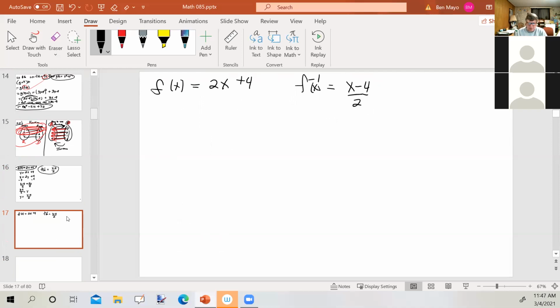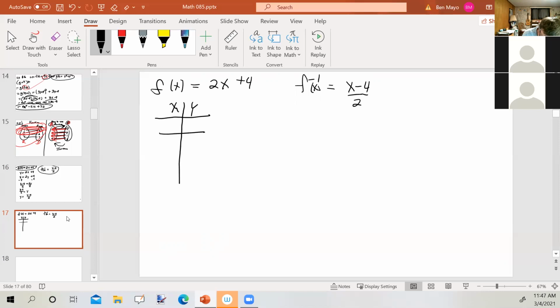I want to look at some things to do with a one-to-one function and its inverse. First of all, let's make a table of values for f of x equals 2x plus 4.